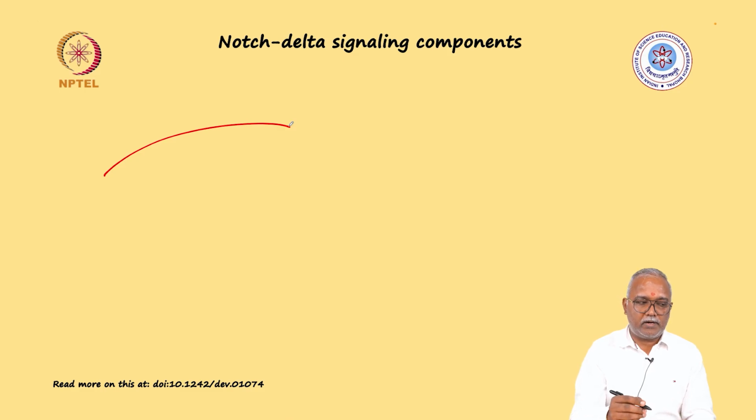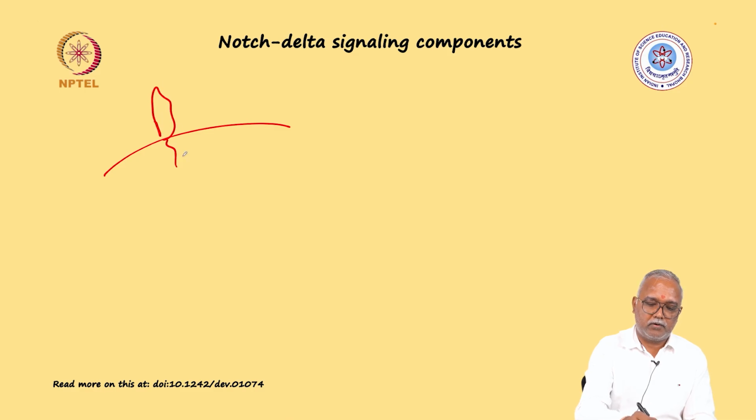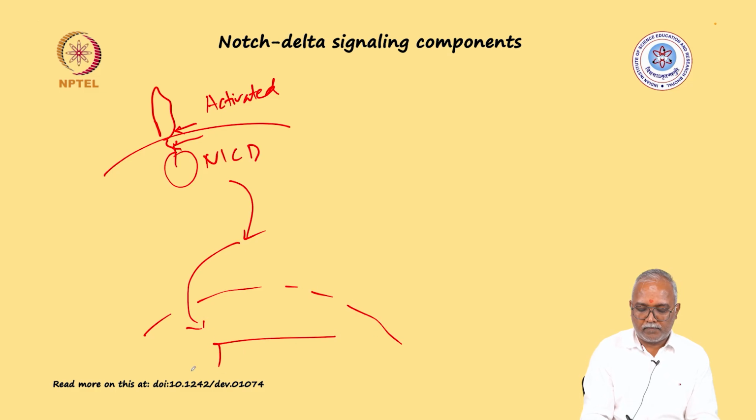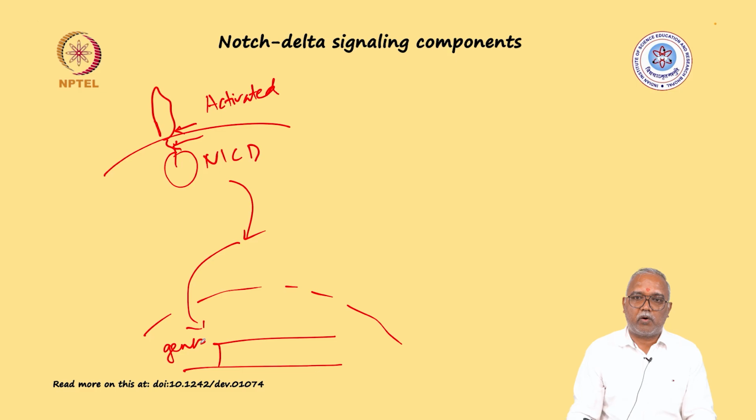So normally, suppose this receptor is activated, which means that there should be a cleavage here, and there will be an additional cleavage here, which will ensure that this NICD is translocated inside the nucleus, where it will work on genes which are under the control of a set of molecules, which is generally kept off under normal conditions.